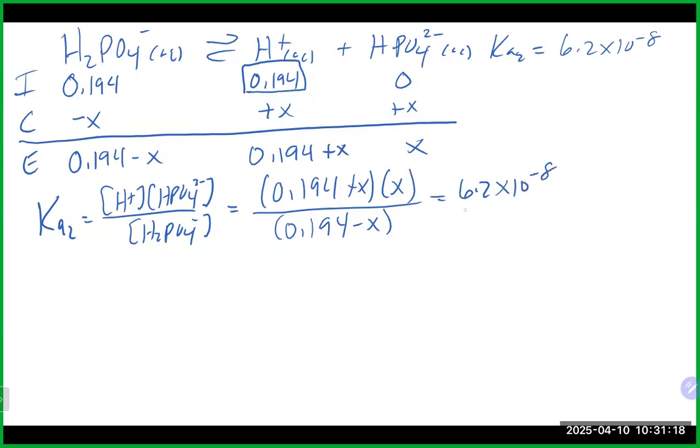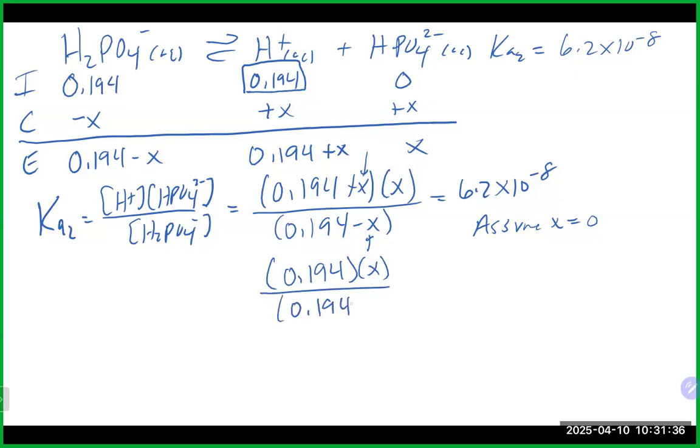We did the assumption on the first one and it worked out pretty good, so why not give it a go again? We're going to assume x is equal to 0. In this case, we're going to get rid of the x's where we're adding or subtracting from a number. That's going to give me 0.194 times x divided by 0.194 equals 6.2 times 10 to the minus 8. I think I could do that math. That is that. So x is equal to 6.2 times 10 to the minus 8.